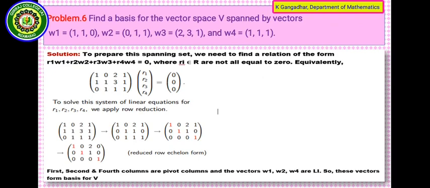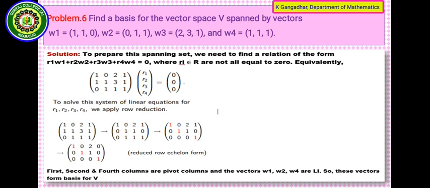The pivot columns are the first column, second column, and fourth column. So the third column is a linear combination of the first and second. If any column is a linear combination of the other columns, then that column is a free column, and the given vectors are linearly dependent. The pivot column vectors are linearly independent, and they form a basis for the vector space.